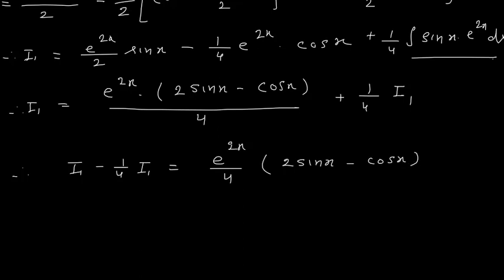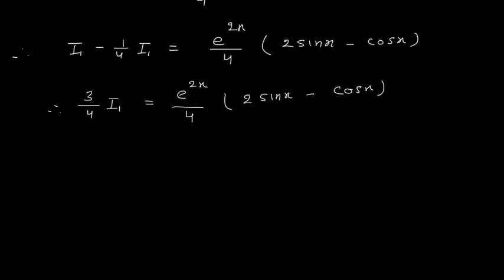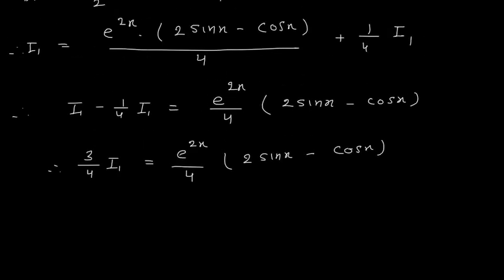I1 minus 1 upon 4 I1 is 3 upon 4, so I have 3 upon 4 I1 equal to e power 2x whole divided by 4 into 2 sin x minus cos x. So this 4 and this 4 we can cancel. So I have I1 equal to e power 2x or something.